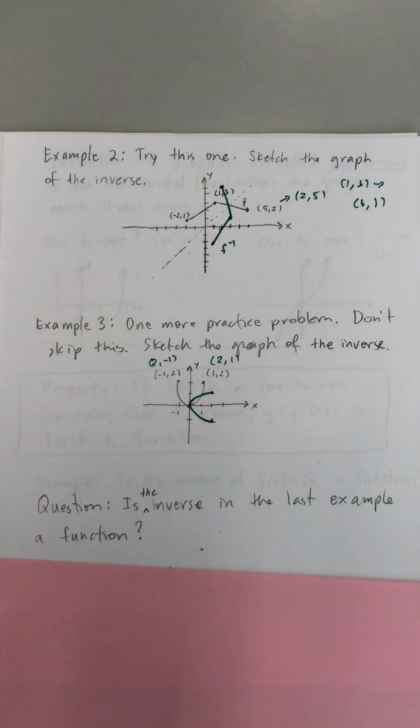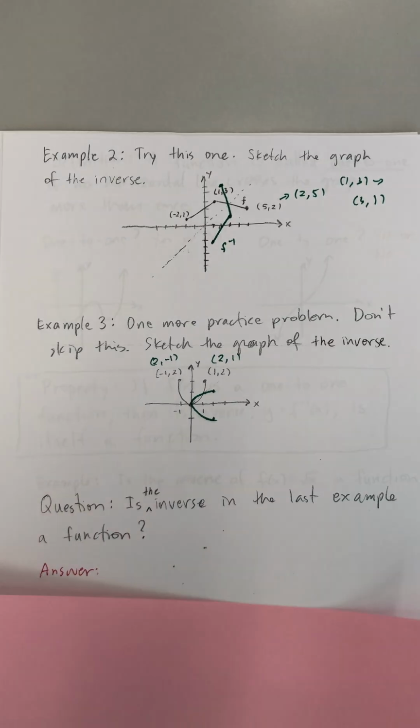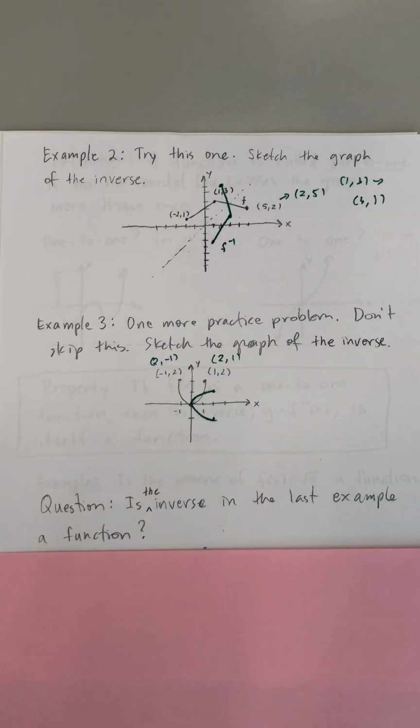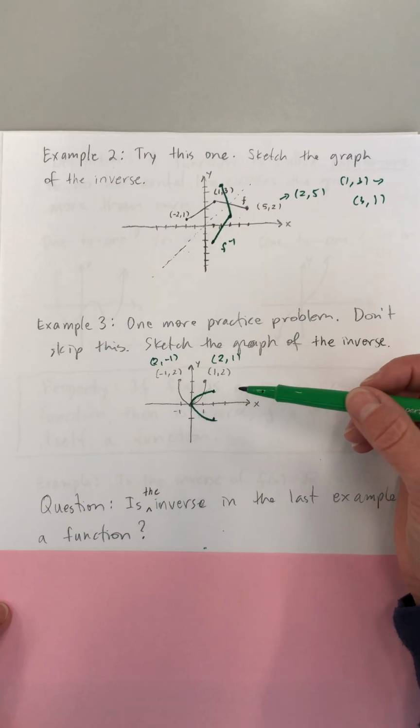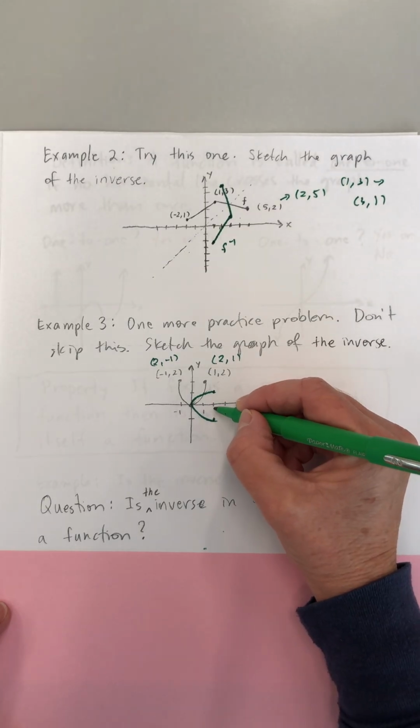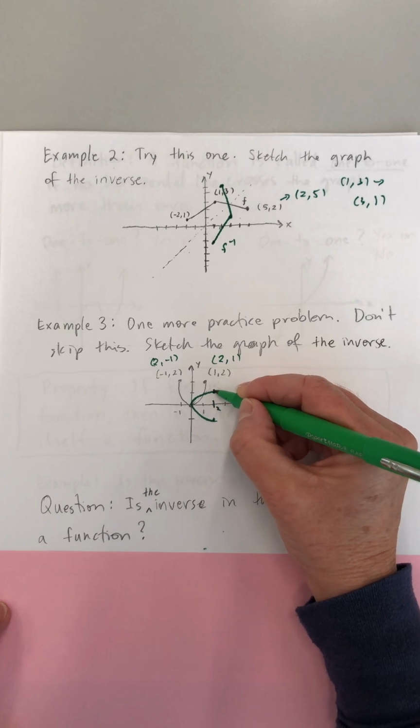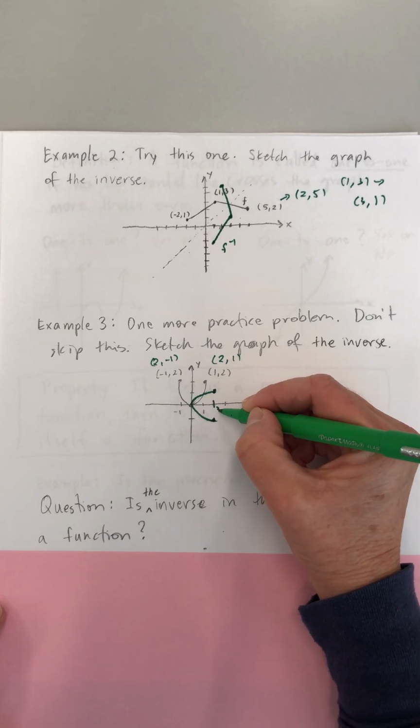Okay, and the problem is that sometimes we actually want to ask the question, is the inverse itself a function? And we could see right here that this inverse is not a function, because for example, when x is equal to 2 here, we have a y value up here and a y value down here.